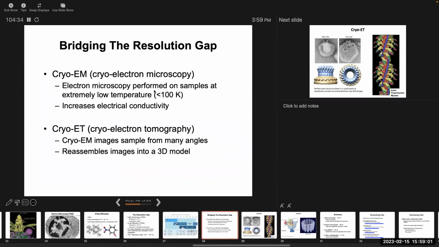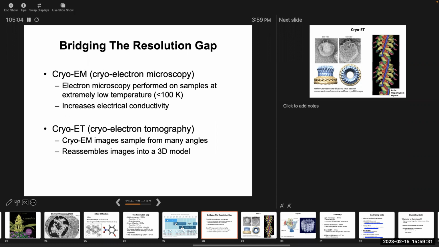So this is all because of the advent of these new technologies, cryo-electron microscopy and cryo-electron tomography. I mentioned this before, I'll just repeat it, that the cryo just means cold. So cryo-EM and cryo-ET are just electron microscopy performed at very, very low temperatures, less than 100 Kelvin, so approaching absolute zero.